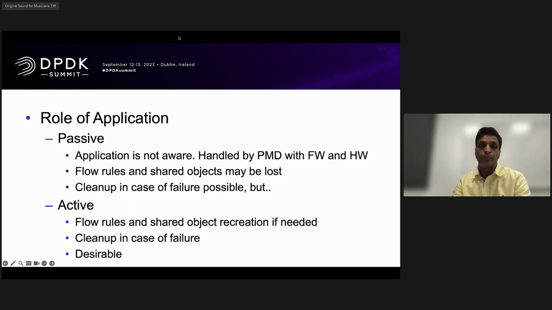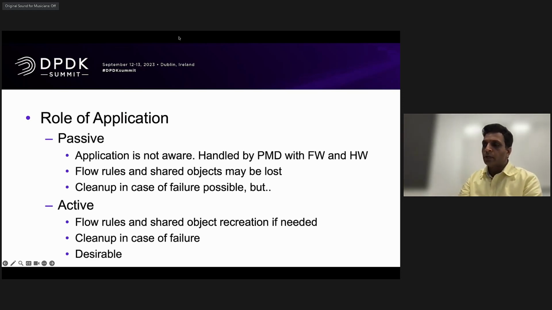Once the recovery is complete, the driver will update its burst handlers to resume traffic, but the flow rules and shared objects may be lost, since the application is not aware of this, and the driver may have no way to replay this information. And in case of failure, the application may issue a cleanup because of some inactivity or admin intervention, but it may not necessarily know that it was because the recovery had failed.